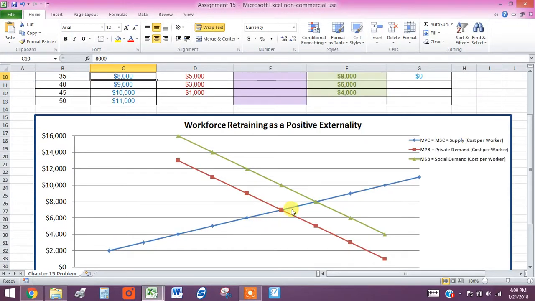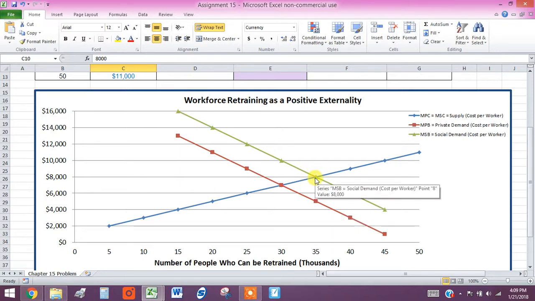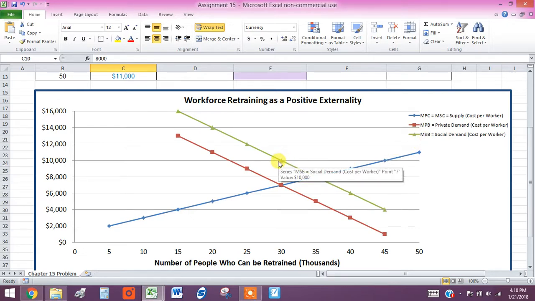So at this point right here, at the free market output at 30,000, you can see that the marginal social benefit is greater than the marginal social cost. So this is where this market would operate if it was just left alone, the free market.